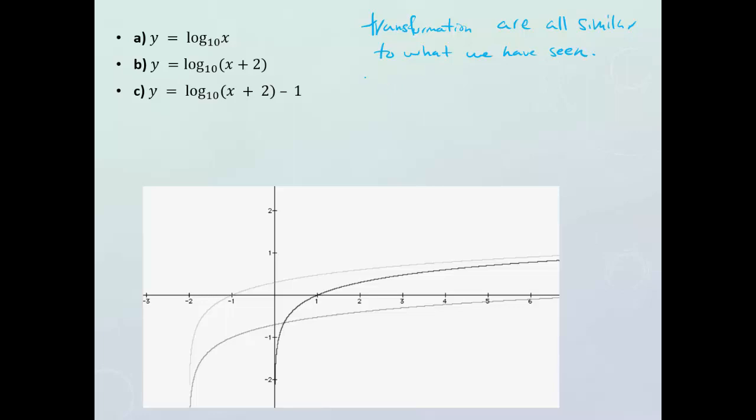So, if we have log base 10 of x, this is a shift left 2 units. This right here is a shift left 2 units, and it's shifted down 1 unit.